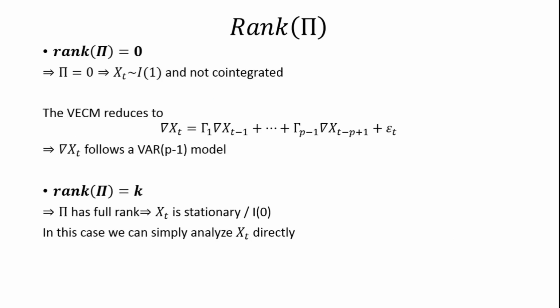So we have several situations. If the rank of matrix P is 0, it means that xt is integrated of order 1 and not cointegrated. So the vector error correction reduces to the difference of xt as a function of the differences of the lags of our variables. So the difference of xt follows a VAR(p minus 1) model.